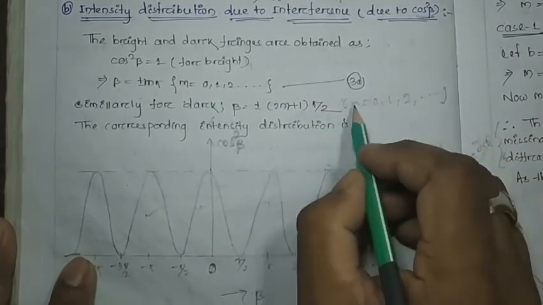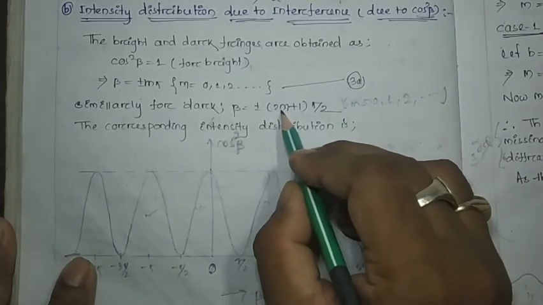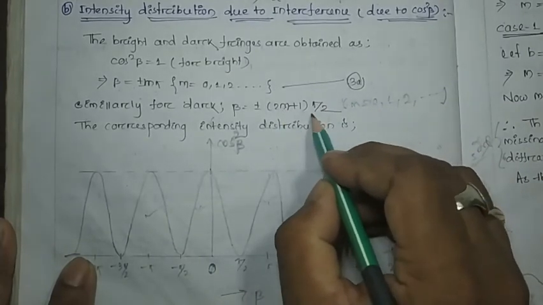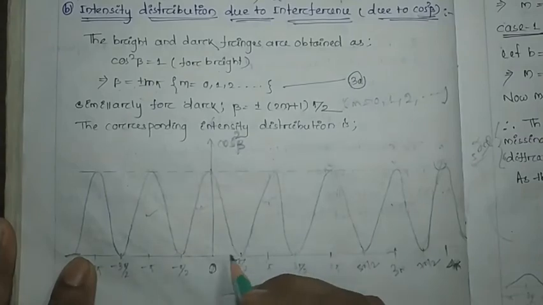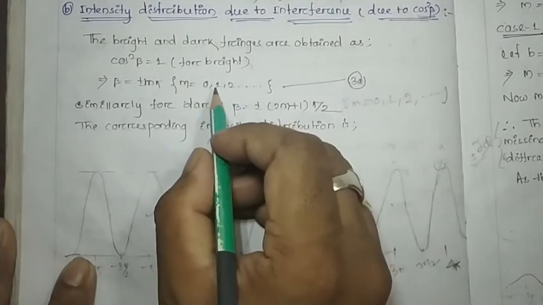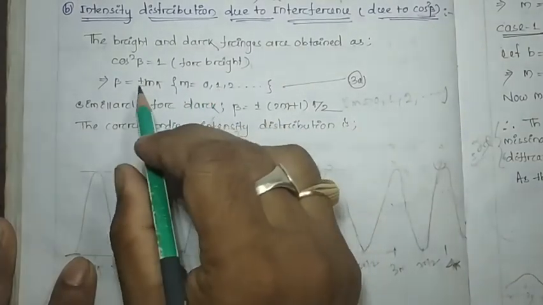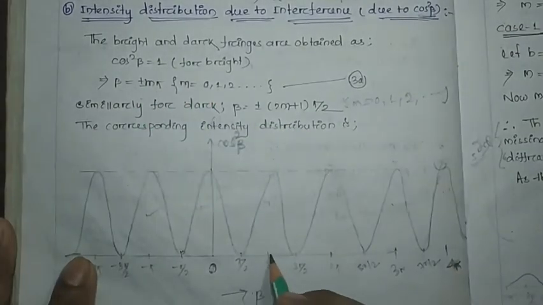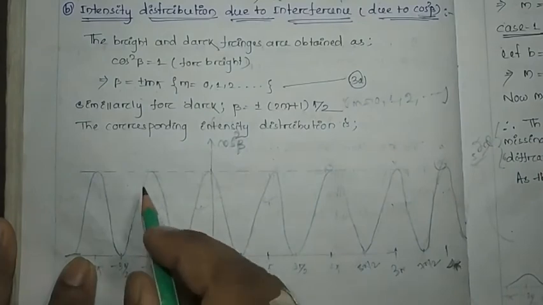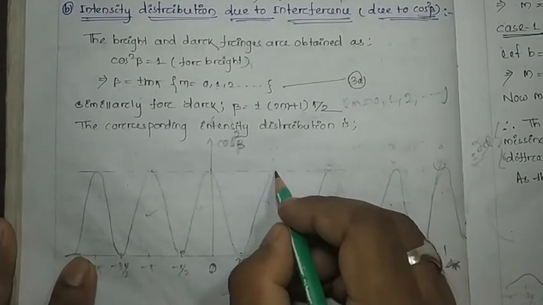If we consider 0, which is the first minima, we get it at plus or minus pi by 2. So plus pi by 2 and minus pi by 2, we get the minima. Then for the second bright, if we put 1, it will be plus or minus pi. So at plus pi and minus pi we get the maxima.